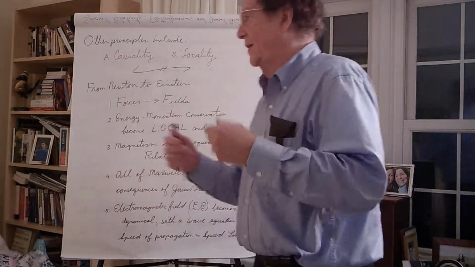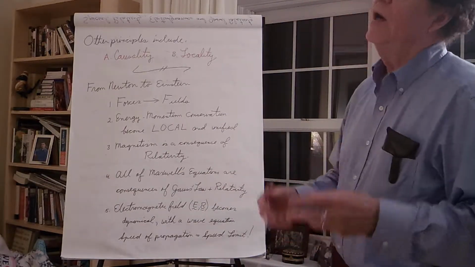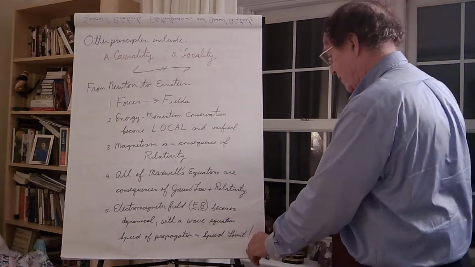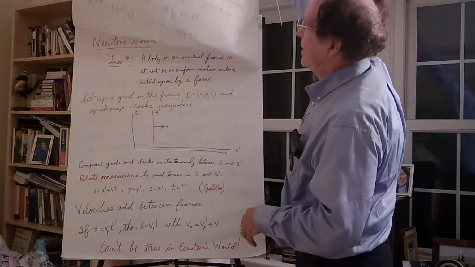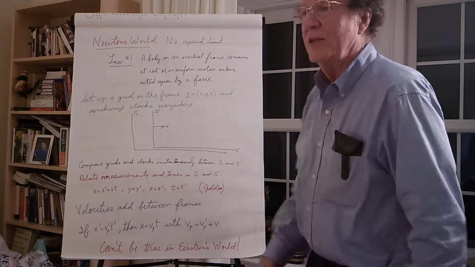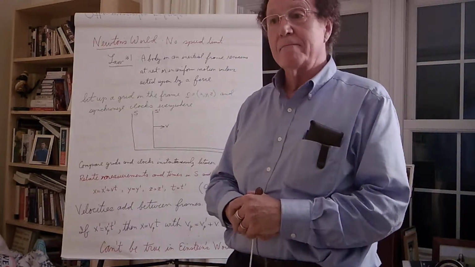We'll derive that. We won't come to it until the end of the course, and we'll be assuming it as we go, but you'll see that it's a derivation of special relativity. It's not an assumption. So in the next lecture, that's the end of the introduction. That tells you what we'll be doing.